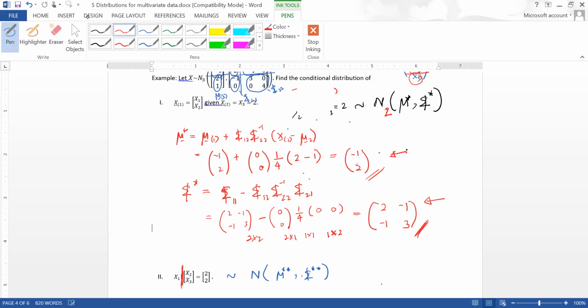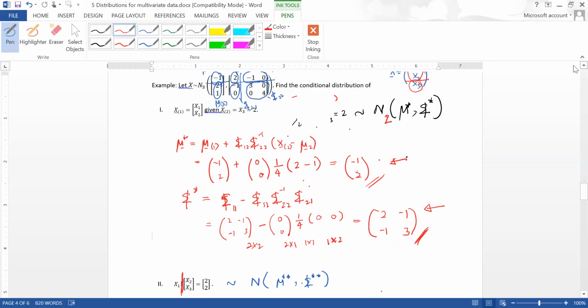Now you have to find mu star and sigma star. Mu double star: mu1 plus, likewise. That part is homework. Find mu double star and sigma double star and find this distribution.